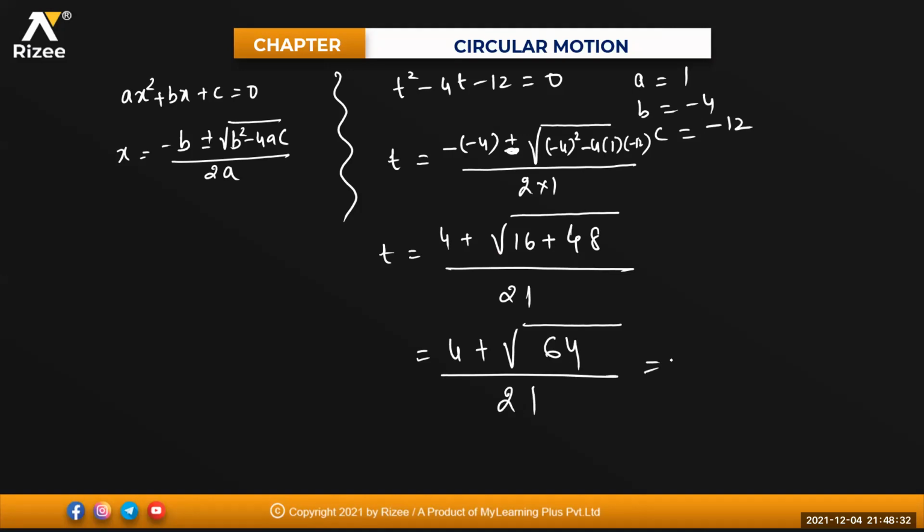That will be equal to 4 plus root 64, divided by 2. Root 64 is how much, beta? 8. Yeah, very good. 8 plus 4 is 12, 12 by 2.